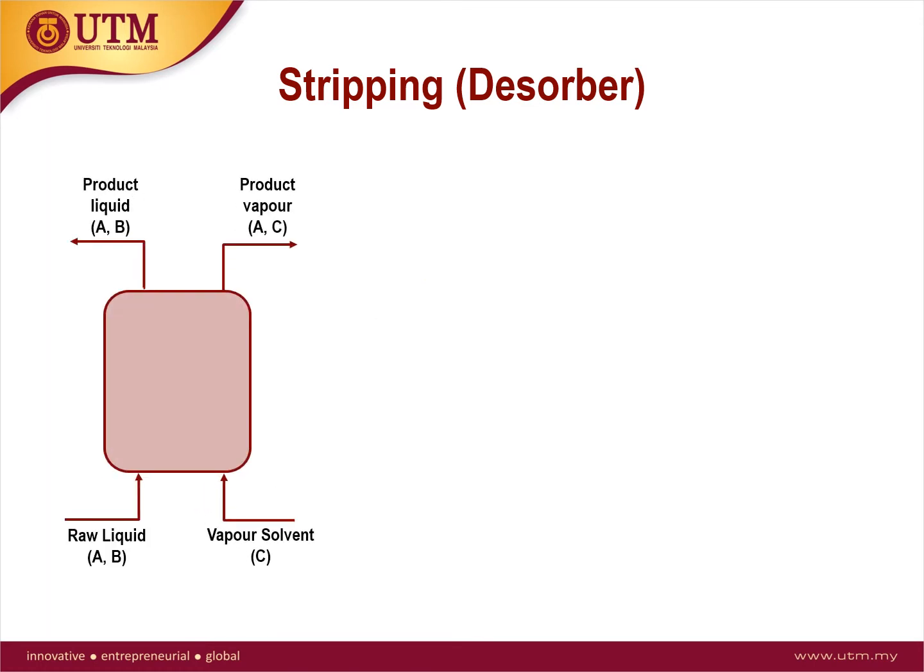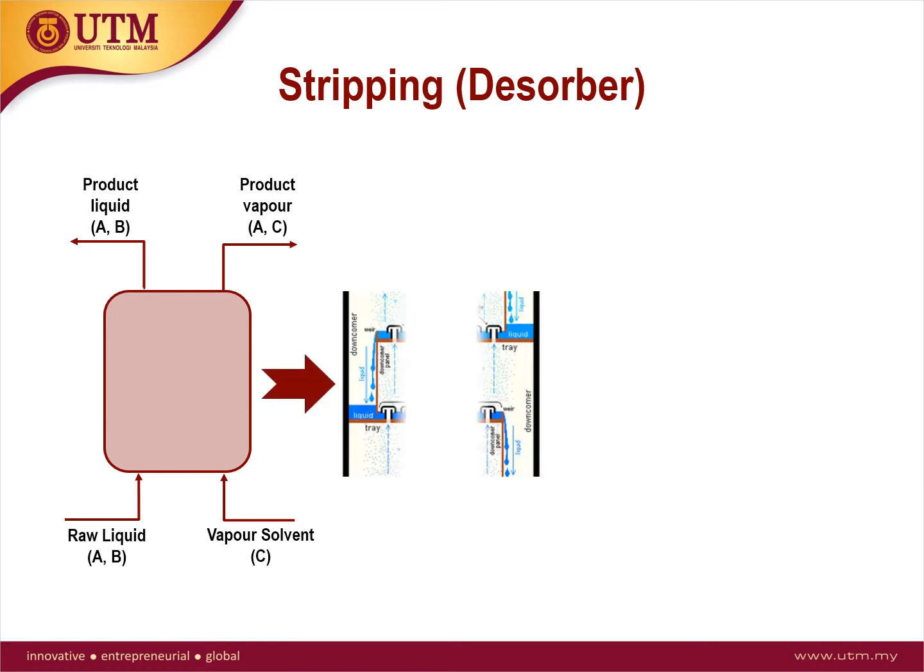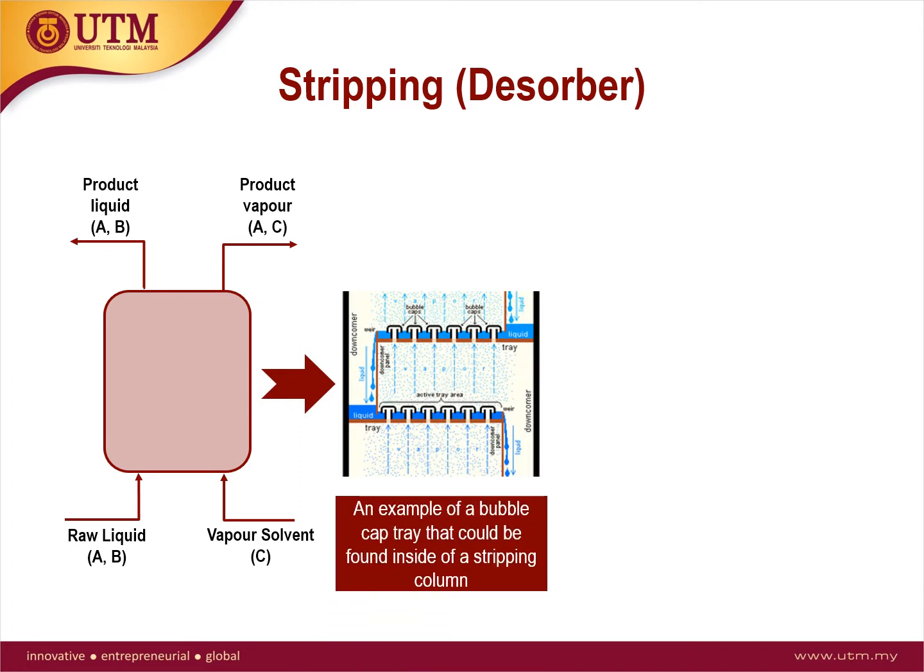Based on this schematic diagram, the vapor solvent that is enriched with solute A will be removed from the dissolver to form the product vapor of A and C, whilst the component that has less affinity to vapor solvent C still remains in B to form the product liquid of A and B. An example of a bubble cap tray that could be found inside a stripping column in industry is shown here.